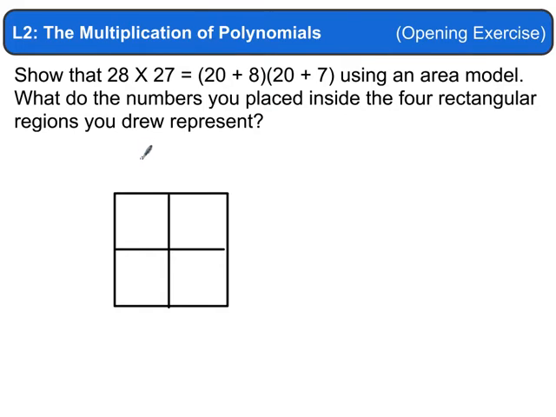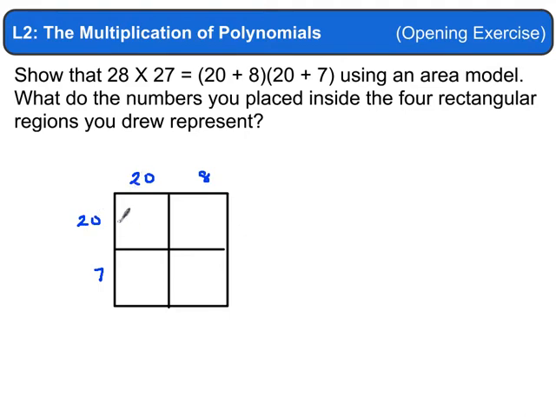So if I was to represent this using an area model, I would put 20 on top of here, and I would put 8 on top of this square. Then I come over here and I would put another 20, and then come over here and I would write a 7. And so using this area model to multiply polynomials, we're going to take basically what's on the top of this square, on the left of this square, and multiply them together.